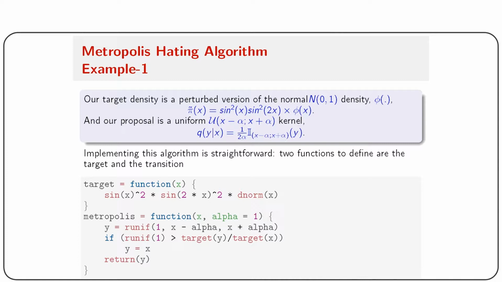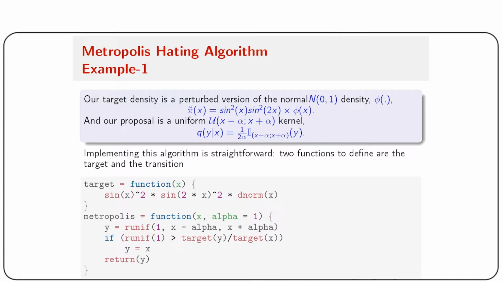Implementing this algorithm is straightforward. Two functions are to be defined: the target and the transition step. The target function can be defined in this form. Say target equals function(x), and then sin(x) squared times sin(2x) squared times dnorm(x). Then the metropolis function is, say, function(x, alpha equals 1), then very simple: y equals a uniform random variable drawn from x minus alpha to x plus alpha, and then if a uniform is greater than the ratio of target(y) by target(x), then y equals x and return y.